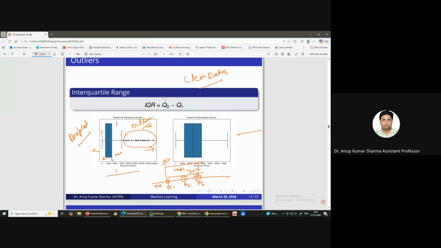Here is Q1, this is Q2, and this is Q3. You see the size of both sides: when the sizes are the same, the mean and median coincide, almost in the same place, because the box is divided equally.